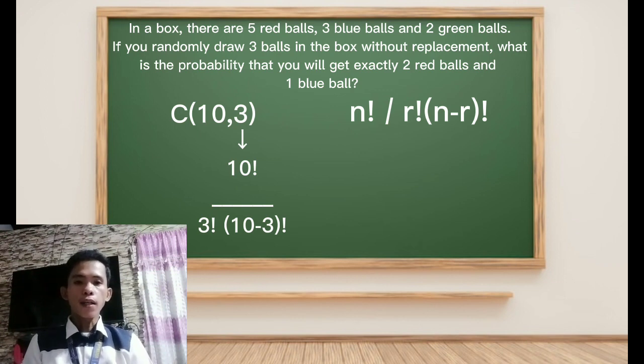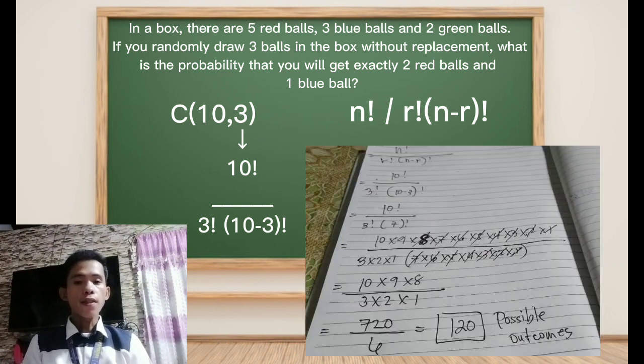To simplify, let us first solve the parentheses, which is 10 minus 3 equals 7. Then, let us expand the 10 factorial into 10 times 9 times 8 times 7 times 6 times 5 times 4 times 3 times 2 times 1. In our denominator, the 3 factorial is 3 times 2 times 1, and then the 7 factorial is 7 times 6 times 5 times 4 times 3 times 2 times 1.